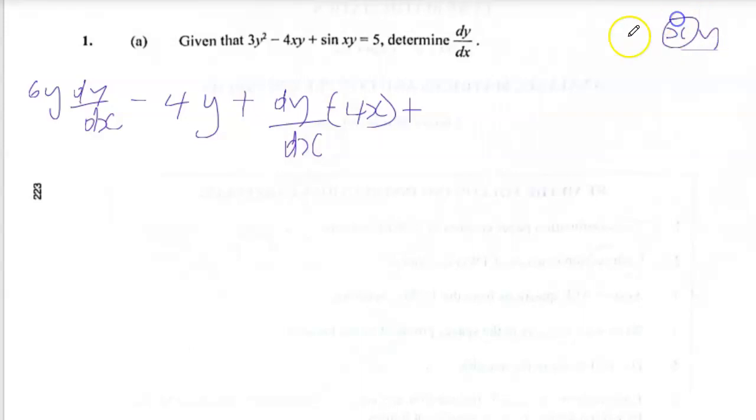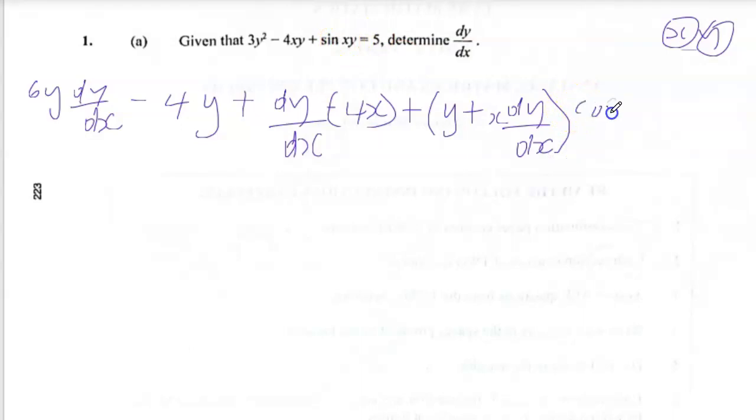Differentiate x, we get 1, so it's 1 times y, which is y, plus differentiate y, we get dy by dx times x. And of course, sin differentiated, we get cos, so that's cos xy. The angle doesn't change. And differentiating the right hand side, any constant, we get 0.